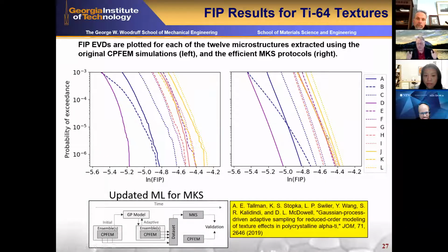And again, this is expressly for high cycle fatigue regime, so constrained microplasticity, not for low cycle fatigue. And more recently, we've adapted a machine learning algorithm for the materials knowledge system, which takes the user out of the loop, so to speak, and requires less expertise in estimating the influence functions by using Gaussian regression for that.